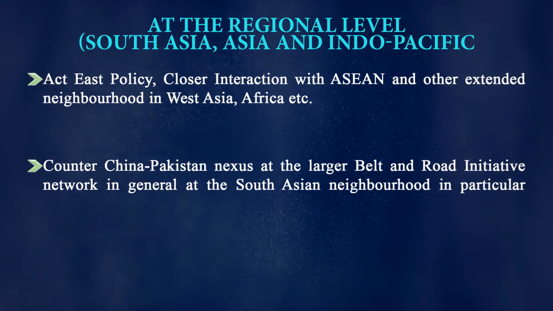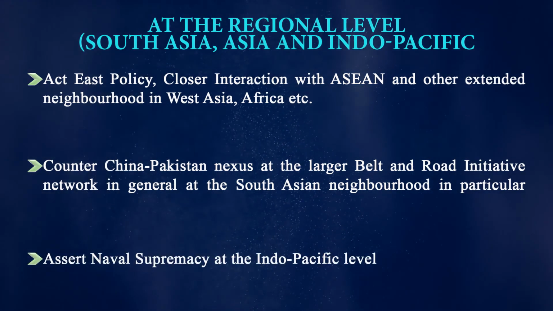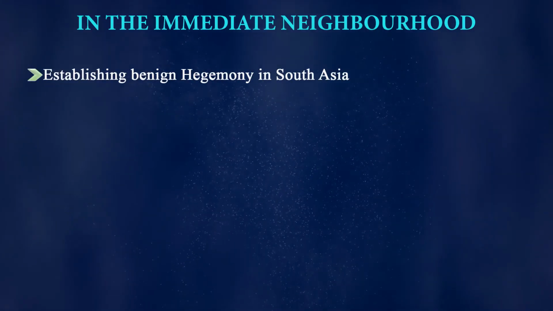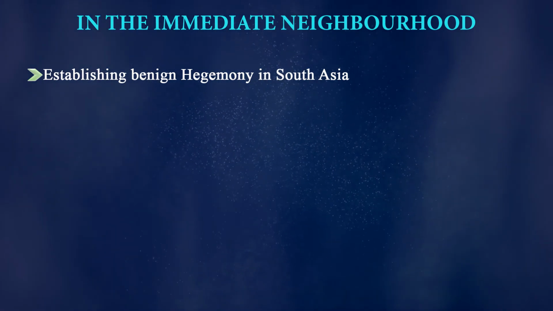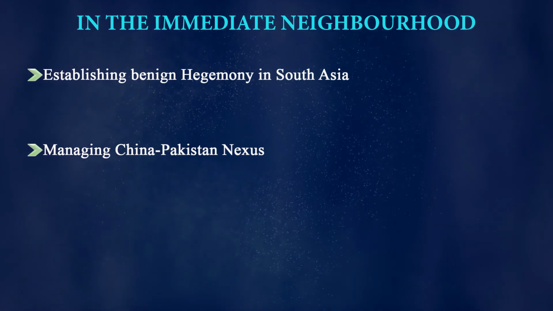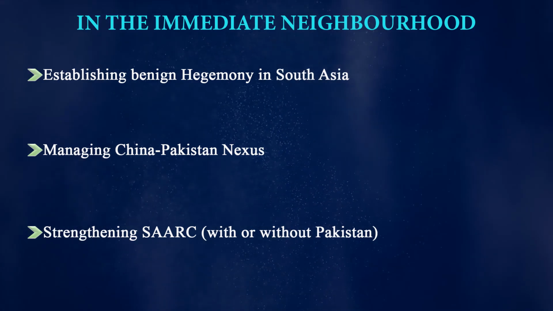And of late, what India has been trying to do is to assert naval supremacy at the Indo-Pacific level. And in the immediate neighborhood, it would be to establish benign hegemony in South Asia, managing the China-Pakistan nexus, and strengthening SAARC. These are at the immediate neighborhood level.